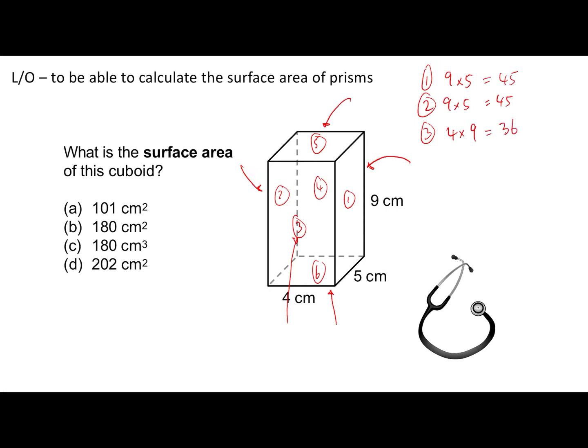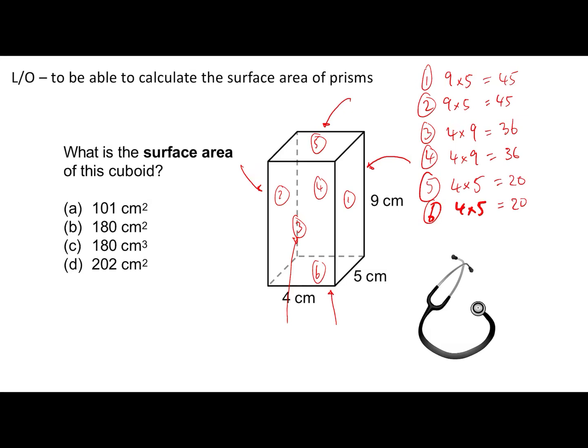It's a rectangle again, so that's 36, and rectangle 4 is exactly the same. Rectangle 5 is also a rectangle, not a square, because it's not 4 times 4 or 5 times 5, it's 4 times 5. Base of 4, height of 5, giving me 20, and so is rectangle 6, exactly the same.